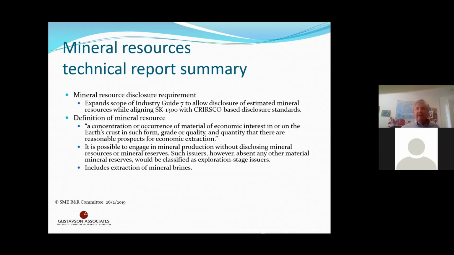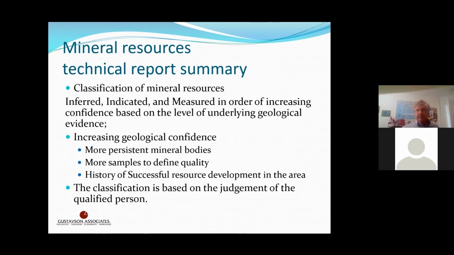So finally, disclosing mineral resources aligns SK 1300 with CRIRSCO disclosures, and there's a definition of a mineral resource. Classification, many of you are familiar with this: inferred, indicated, and measured, in order of increasing confidence. And that confidence can come from several factors.